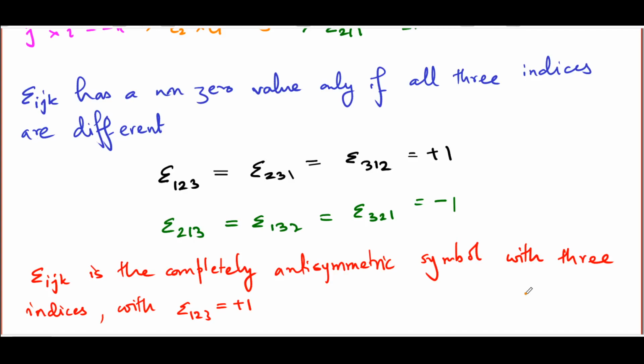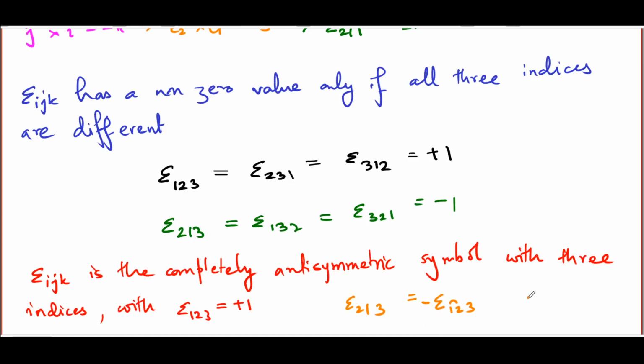And if you know epsilon 1 2 3, from that, using interchanges, you can get all the other possibilities. For example, if you want to go from epsilon 1 2 3 to epsilon 2 1 3, you are really interchanging two indices of 1 2 3, and complete anti-symmetry means that gives you minus 1.